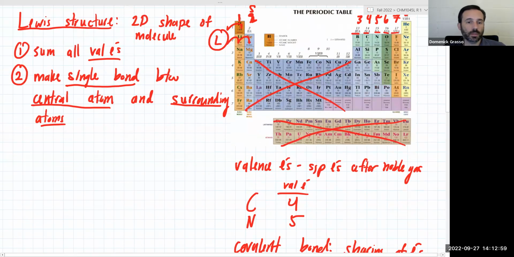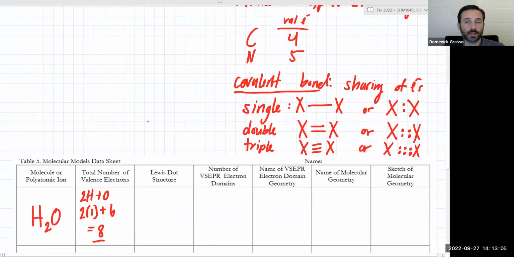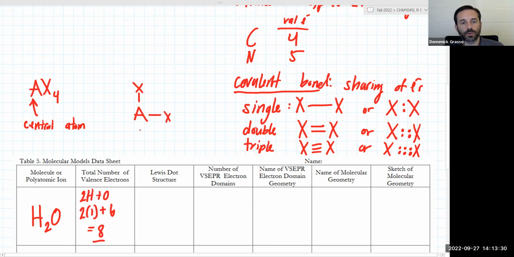Well, what does central atom and surrounding atom mean? Our assumption when we're drawing our pictures is that we've got an atom in the middle and then everything else is connected to it. So if I have a molecule like AX4, our assumption is that whatever is written first, or is the least abundant, is the central atom, which means we've got A. Everything else is going to be connected to A. In this example, I've got these 4 different X's, whatever generic atoms they are, and those X's would be called my surrounding atoms.